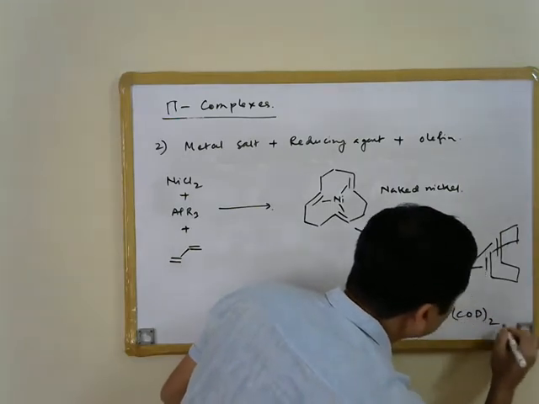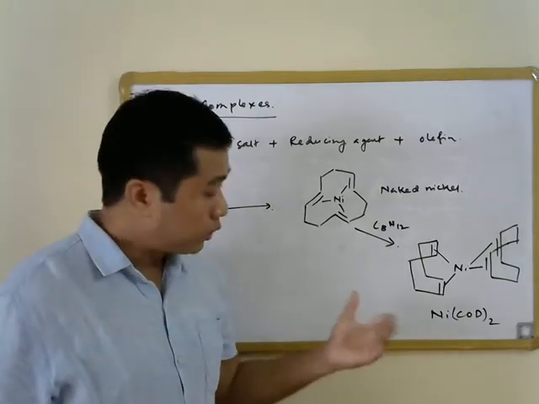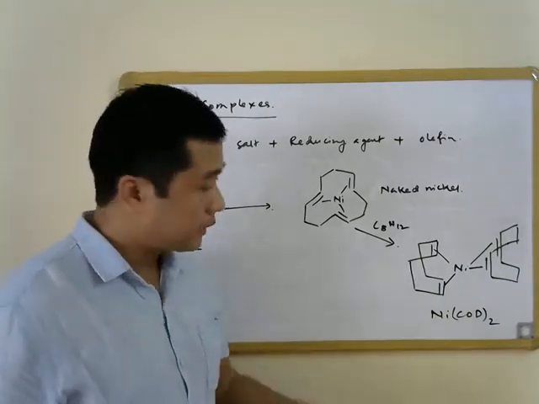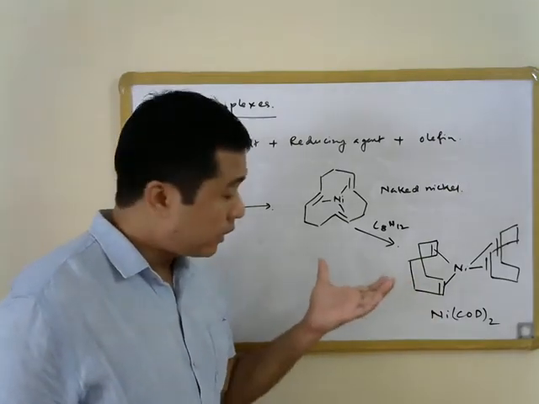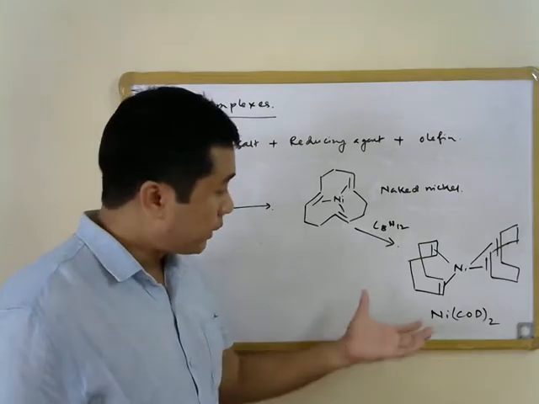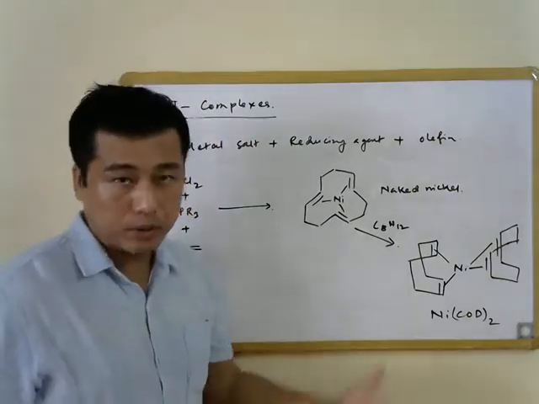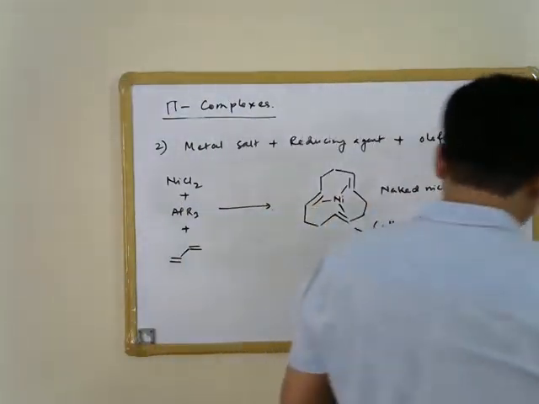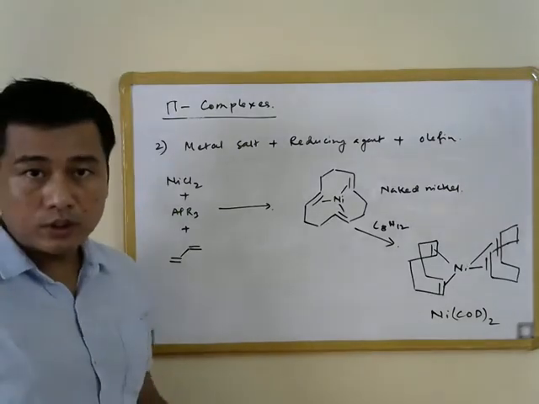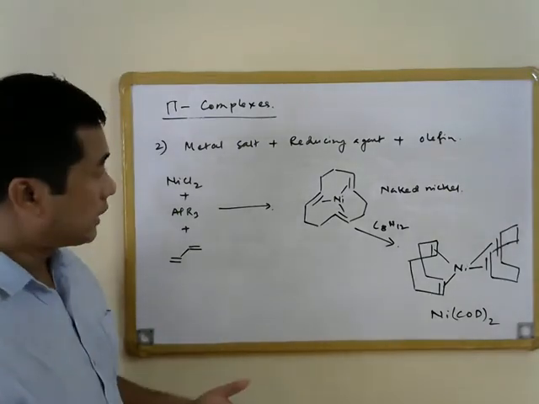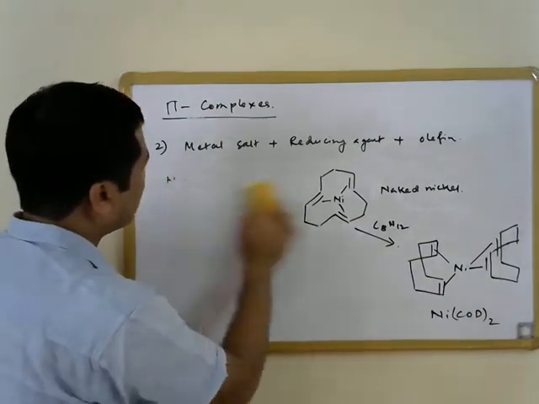Cyclooctadiene is abbreviated as COD, and this Ni(COD)2 complex is a very useful precursor complex with nickel in the 0 oxidation state. It is used very frequently in organometallic chemistry as a source of nickel 0. This is how one can use metallic salts in the presence of reducing agents and react them with olefins to produce metal olefin complexes.